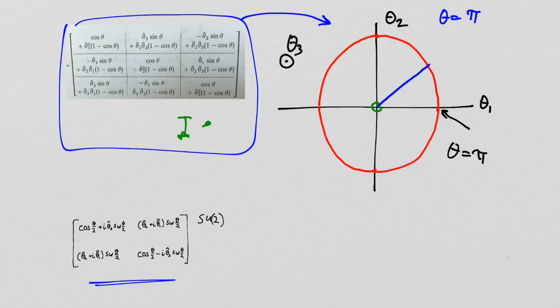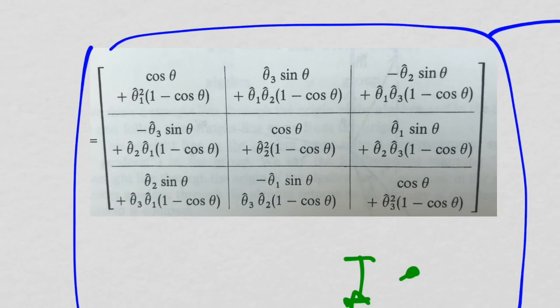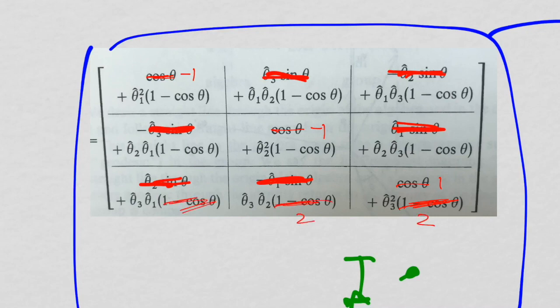We studied this carefully, and to recap: when theta equals pi, the sine terms are all 0, and the cosine terms are -1, so this becomes -1, -1, -1. The 1 minus cosine terms become 2.